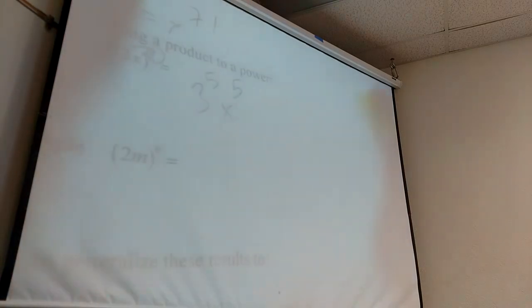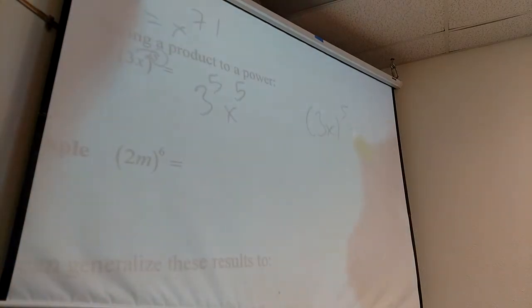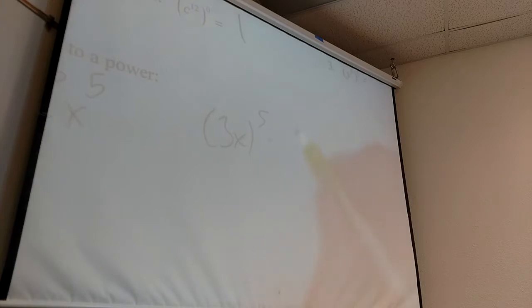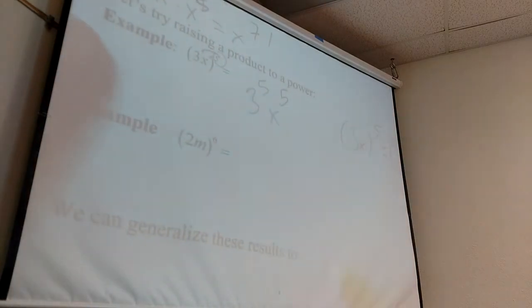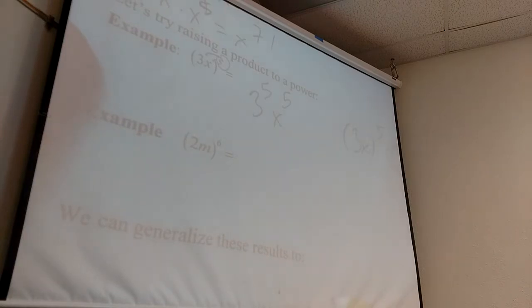Because, again, what does 3x to the 5th mean? It means how many 3x's? 5 of them. 3, 4, 5. So how many 3's do you end up with? 5. How many x's do you end up with? 5. So the shortcut is just distribute the 5. That's what's going to happen anyway. That's how we developed the original distribution rule.